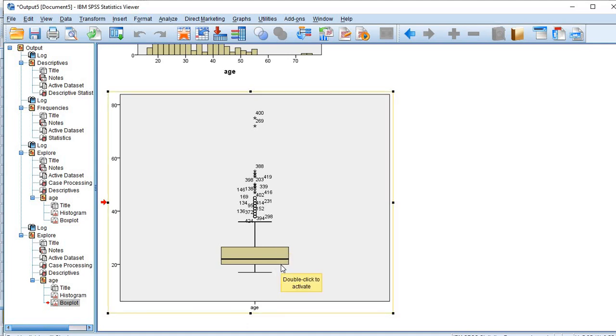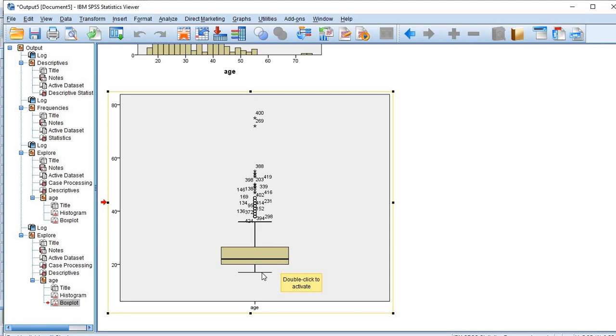Now you realize there is a vertical line extending from the box, at the top and the bottom. These are what we call the whiskers. Hence the name box and whisker plot.